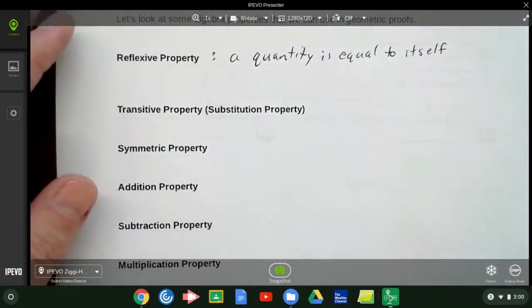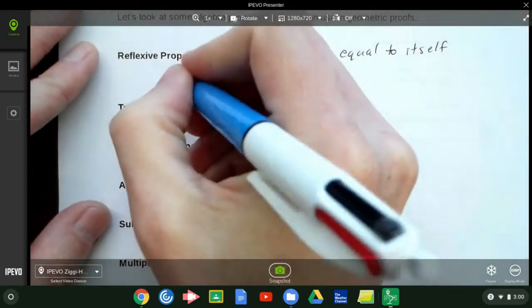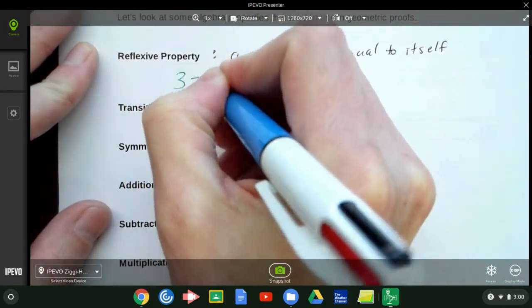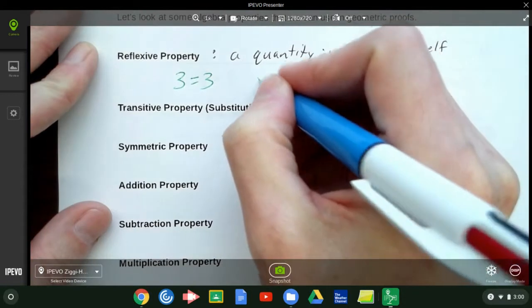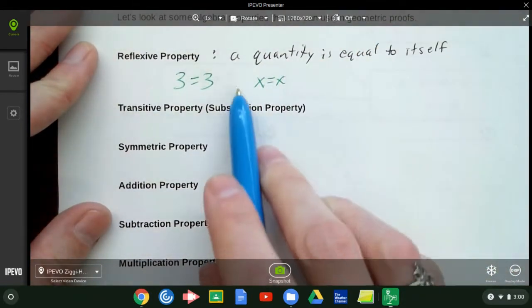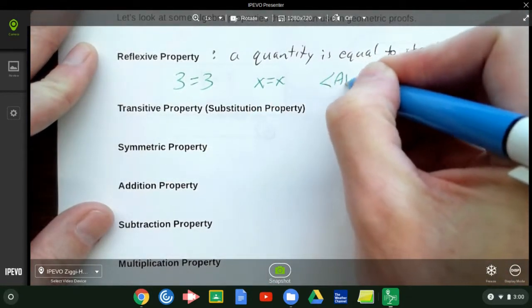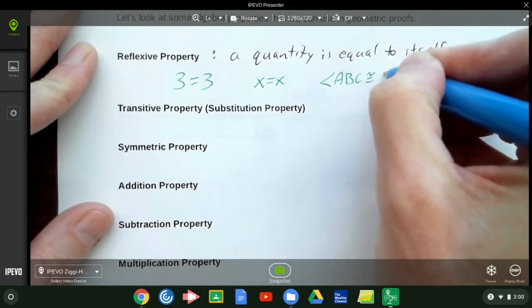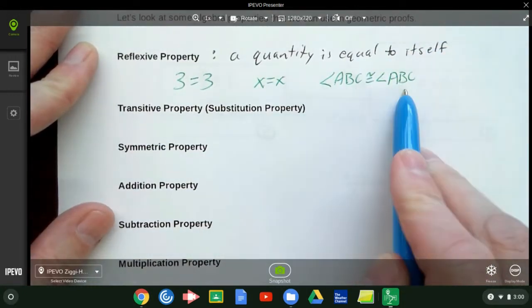So if we're talking about, say, a number, the number 3 is equal to the number 3. That's the reflexive property. x equals x. We used this earlier in the year to say things like angle ABC is congruent to angle ABC, because they're the exact same thing. So it's equal to itself.